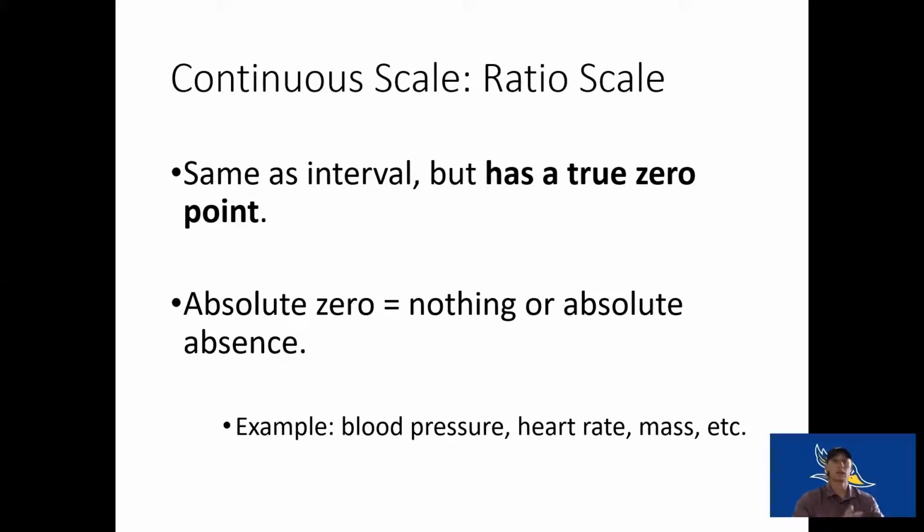You can't have less than 0. Like blood pressure, you can't have negative blood pressure. Some of these have a definitive 0 point, like your height. You can't be -2 feet tall. So 0 means absolutely nothing, compared to an interval scale where we can move along that line, and 0 is just an arbitrary point on that line.